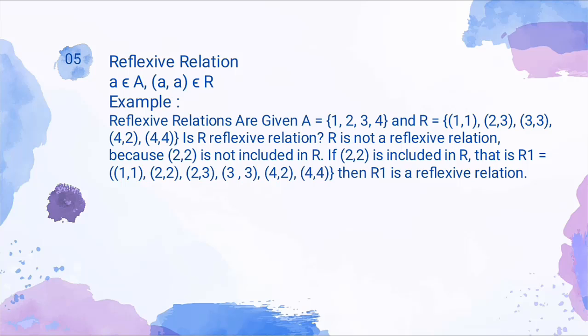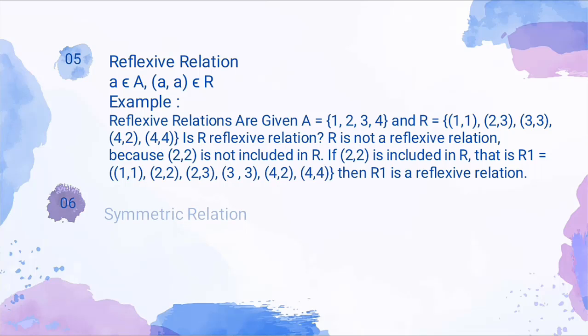Is R a reflexive relation? R is not a reflexive relation because (2,2) is not included in R. If (2,2) is included in R, that is R1 is the set {(1,1), (2,2), (3,3), (4,2), (4,4)}, then R1 is a reflexive relation.